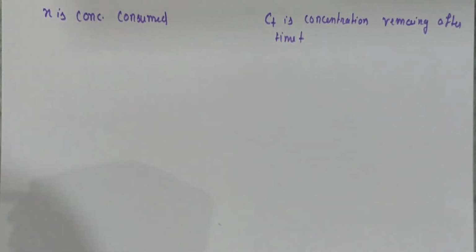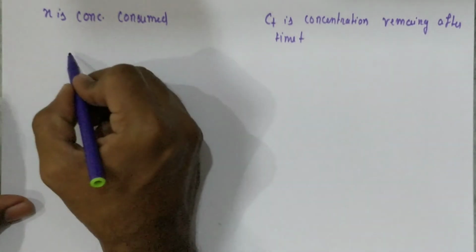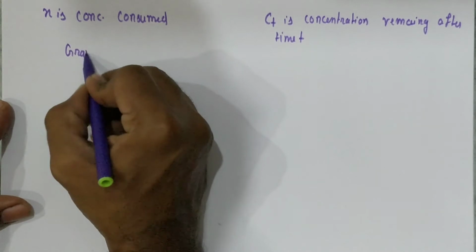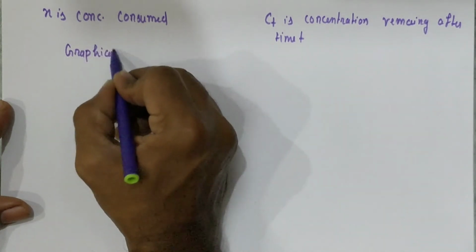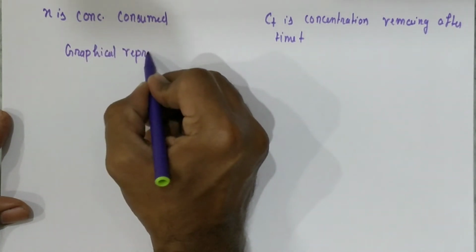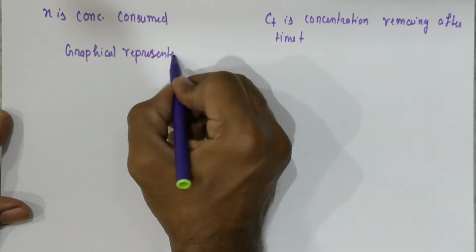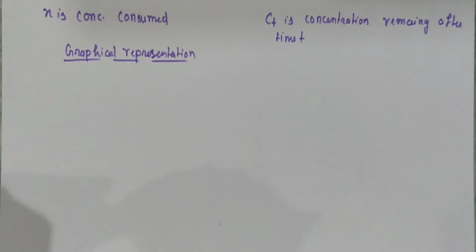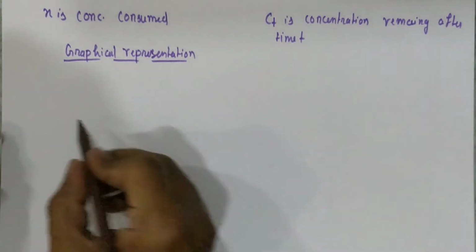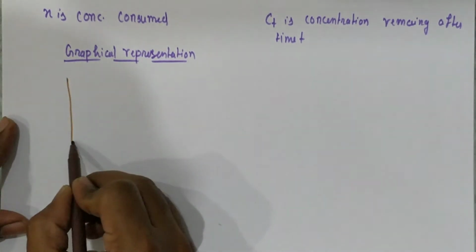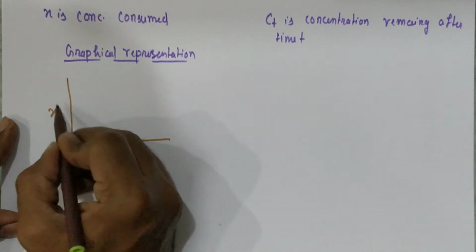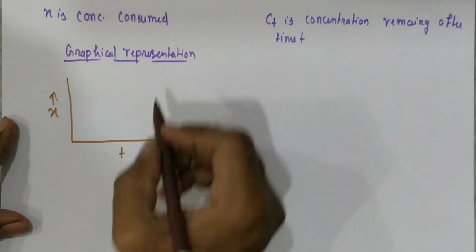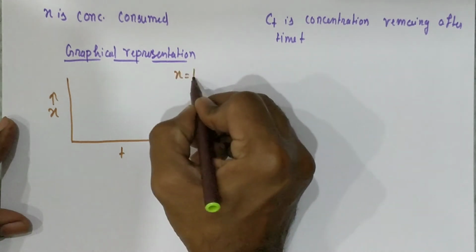So if we draw the graphical representation for the zero order reaction, and plot x versus t, we see that x is equal to kt.